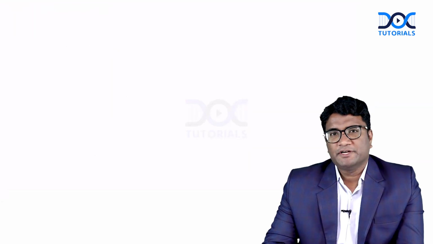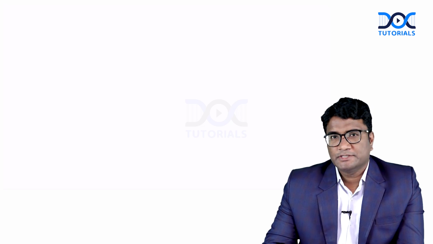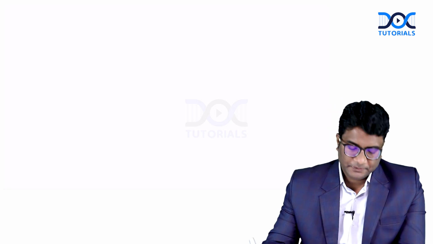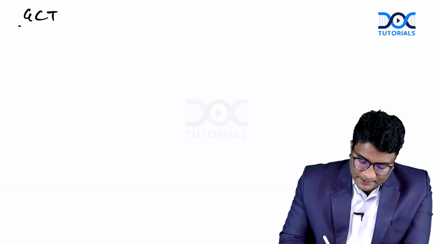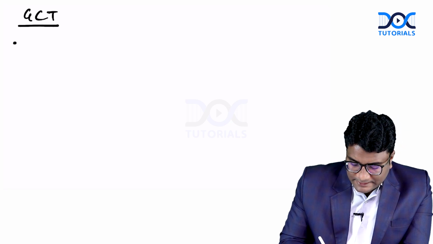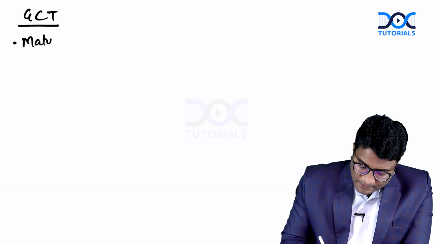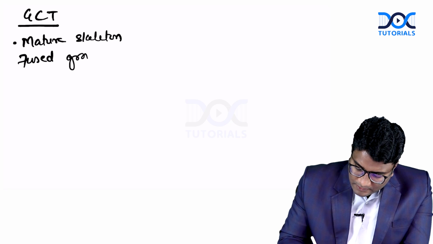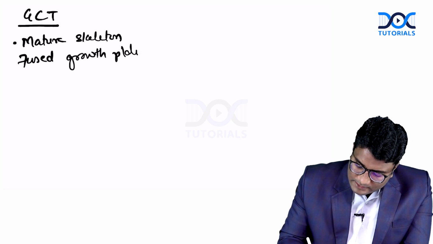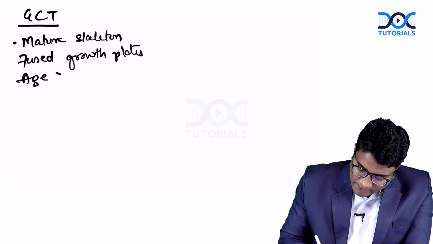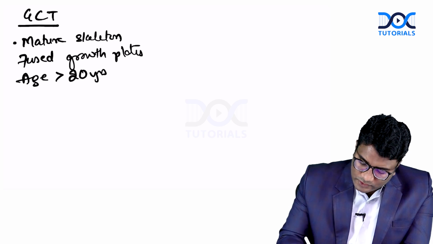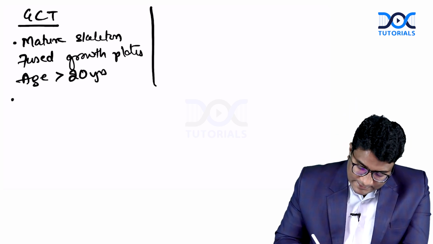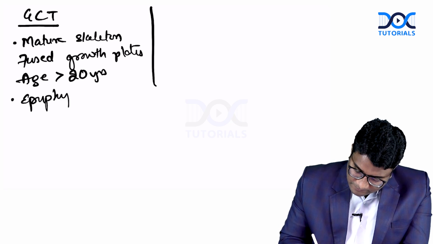Now, it is important to differentiate GCT from aneurysmal bone cyst and chondroblastoma. Remember, GCT is usually seen in a mature skeleton, that is after fusion of the growth plates, in the age group more than 20 years. And this is an epiphyseal lesion.